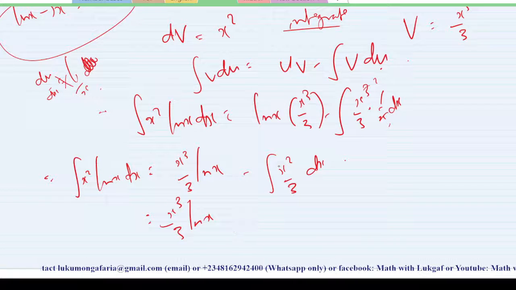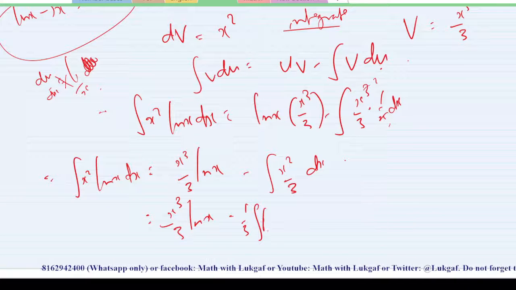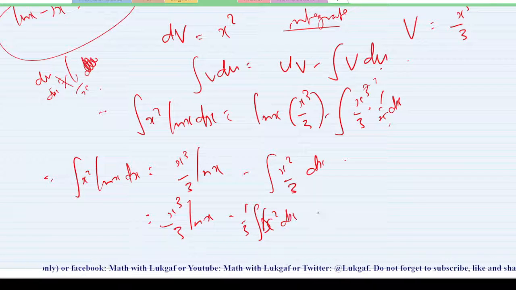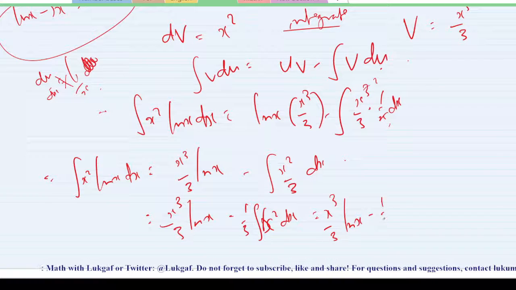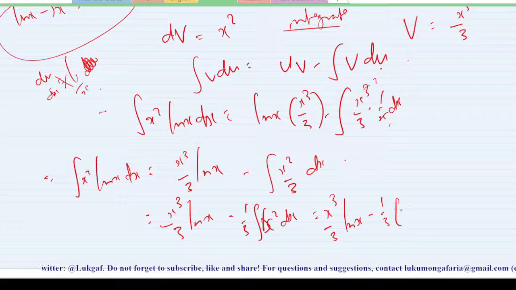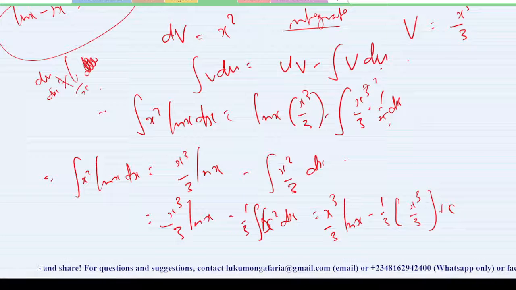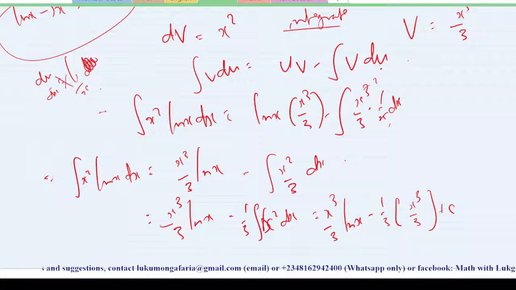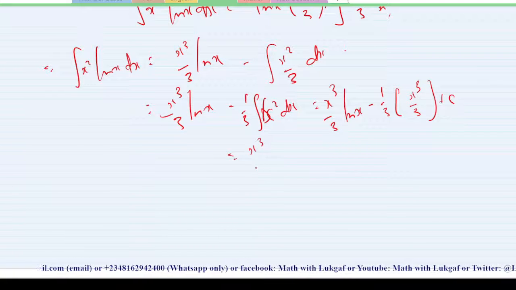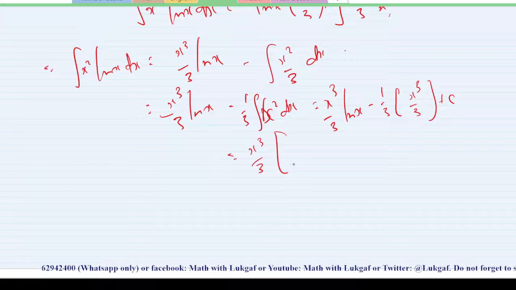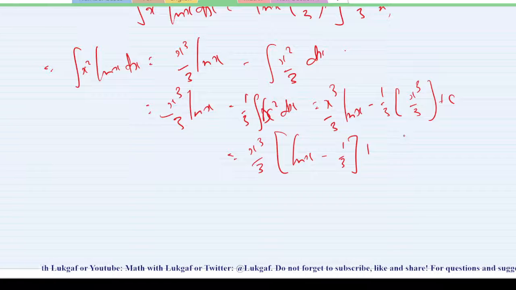So this will give me minus 1 over 3 integral x squared dx. Which is going to give me x raised power 3 over 3 ln x minus 1 over 3. You know x squared, if you integrate it, you are going to have x raised power 3 divided by 3 plus c. So if you rewrite it very well, x raised power 3 over 3 is common, then you can factor it out. You have ln x minus 1 over 3 plus c.